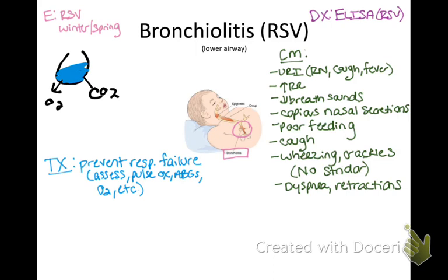Our biggest thing is that we want to prevent respiratory failure because they're really working hard to clear this fluid right here. So they're trying to get rid of all this gunk right here, and they're trying to really open up their alveoli, and they're really trying to open up their airways because the gas exchange happens all along this area, right?